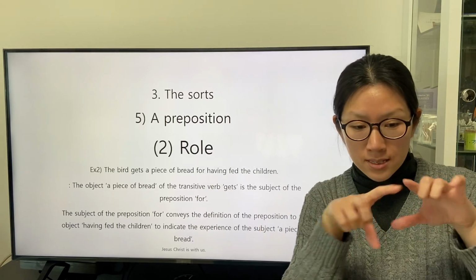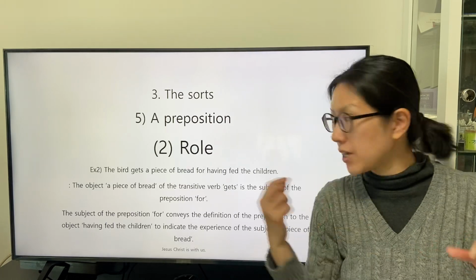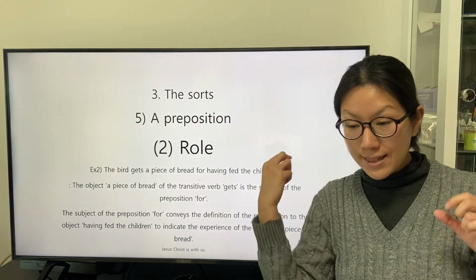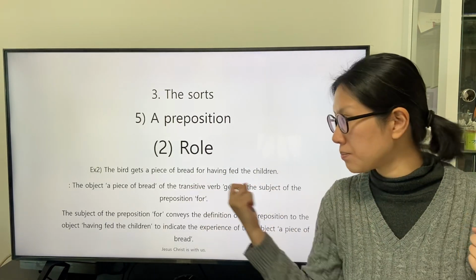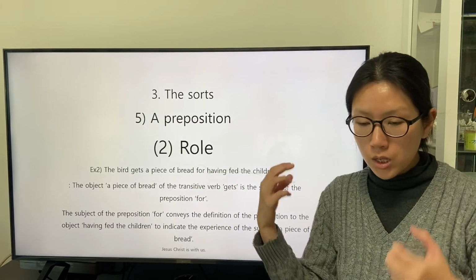The present is specified into a period for the duration of the experience. That experience is indicated by the object of the preposition for.